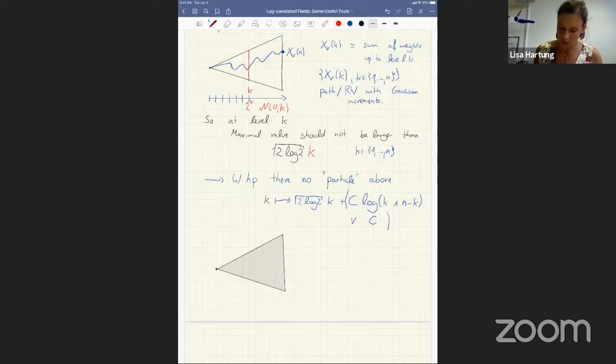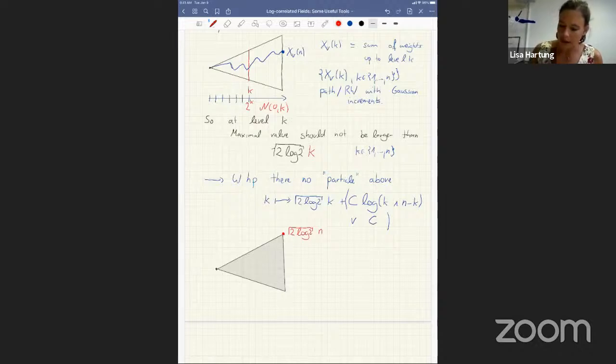Then what I can find is, now let us see this really as a picture in space. So we expect the highest particle to be at roughly square root 2 log 2 times n. For now, let's forget about this log term.